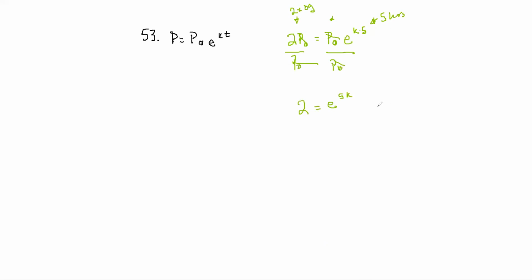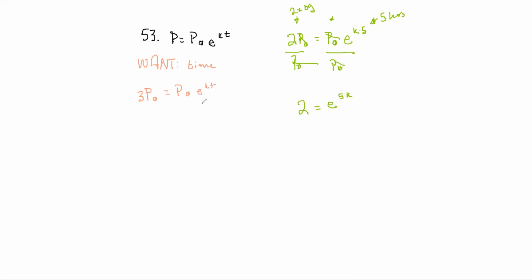How am I going to solve this? What I want from this problem is the time for it to go to 3 P naught, equal to P naught e to the kt. So what is stopping me from solving this problem?